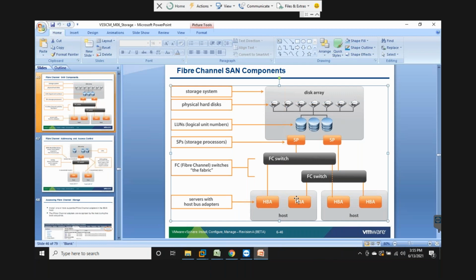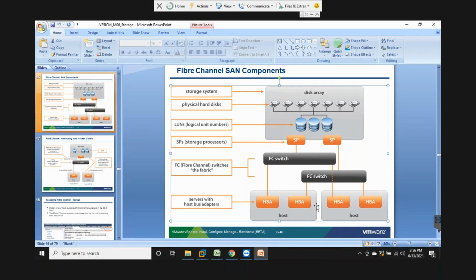Okay. The only difference you can notice between the previous slide and this slide is in between. Earlier what was there? IP networking, IP address based. But here you have cables and switches, which are Fiber Channel switches and Fiber Channel cables, connecting from the storage processor to the switch and then from the switch to the HBA.